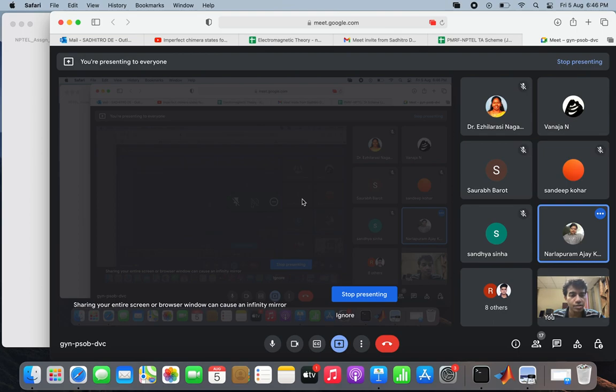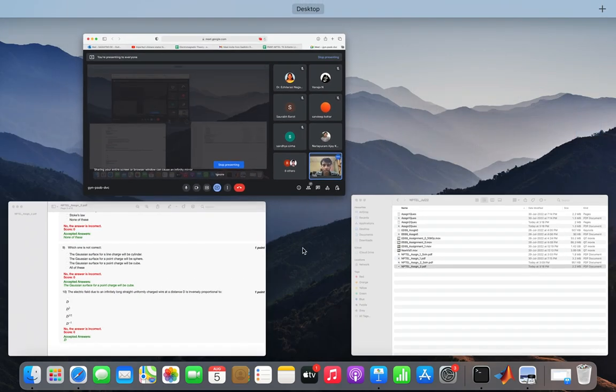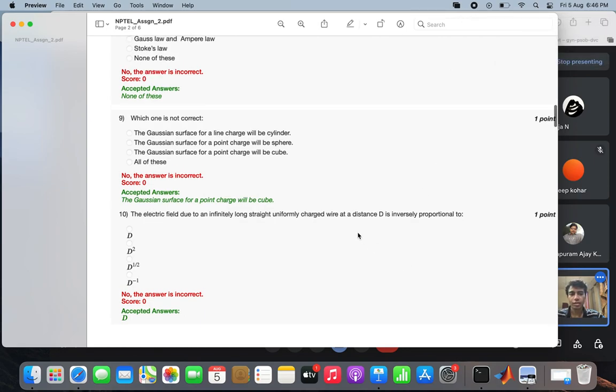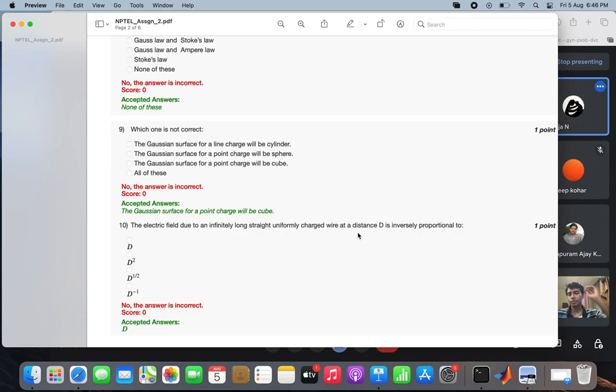Vanaja, you have a question? Can you repeat it, sir? Yes. The property of a Gaussian surface is that it should enclose the entire charge, and it cannot have the electric field lines passing through the surface more than once.